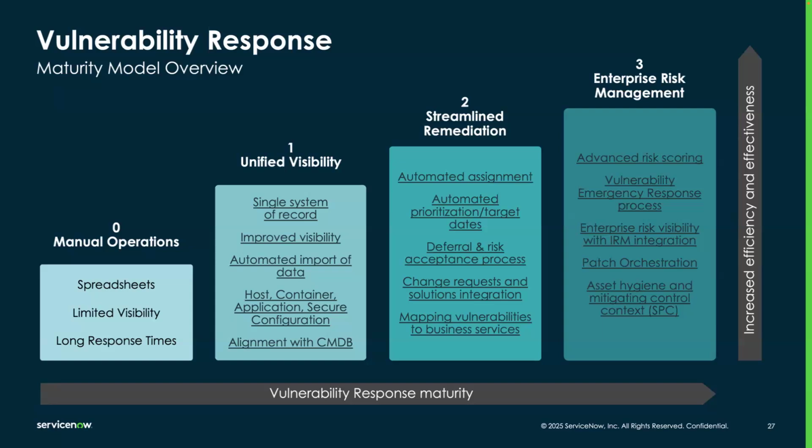We also have different flavors of vulnerability response, as Sarah pointed out. We have host infrastructure vulnerability response. Think of scanning your environment, your network. You might be looking at servers, appliances, workstations, printers, etc. We also have cloud container vulnerability response, which allows us to bring in vulnerabilities on cloud-based images as well as runtime cloud images.